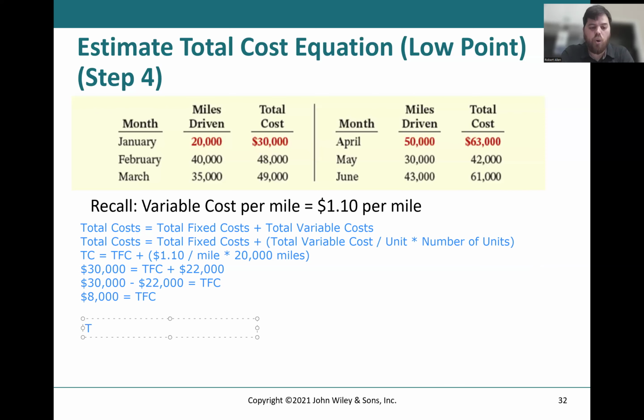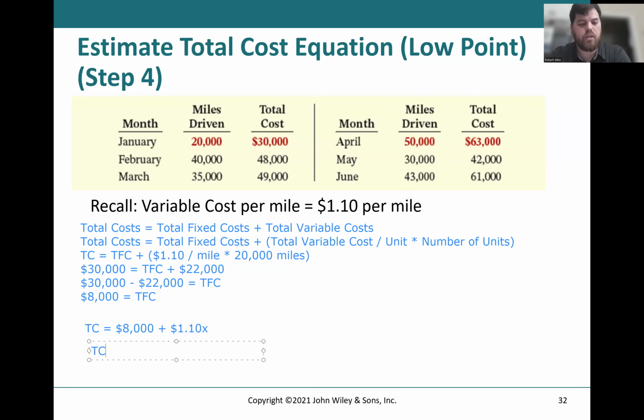So I can say total cost is equal to $8,000 plus $1.10 times X. And now for any level of activity, I can make an estimation for the total cost I will incur. So in this case, let's make sure this equation works.